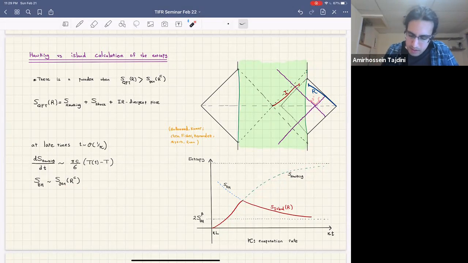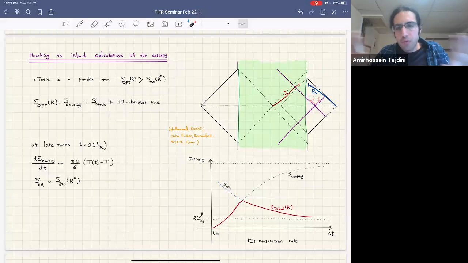This is a slightly more general case that also appeared in these papers. The only difference from the original island paper is that here you have a two-sided case, so there are more possibilities. We can consider just the region on one side as opposed to the other, because we started with a finite temperature. But besides that, there's no particular surprise.